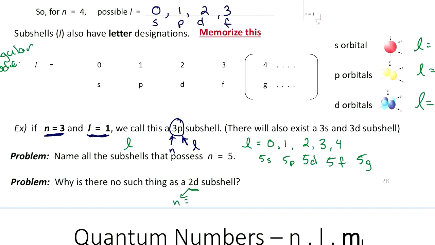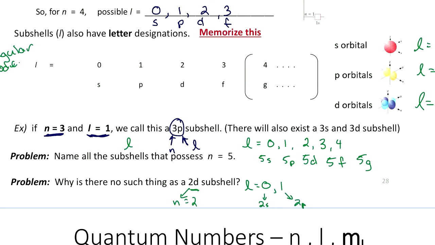So n equals 2. If we think about it backwards here, if n equals 2, what are the possible L quantum numbers we can have? 0 and 1, and that's it. So at this point, having identified our L quantum numbers, these orbital shapes would relate to a 2s orbital and a 2p orbital.